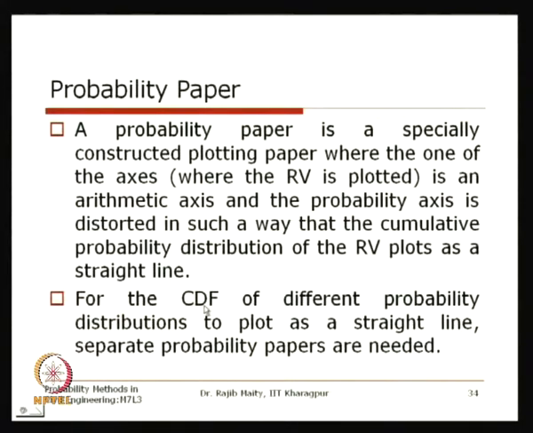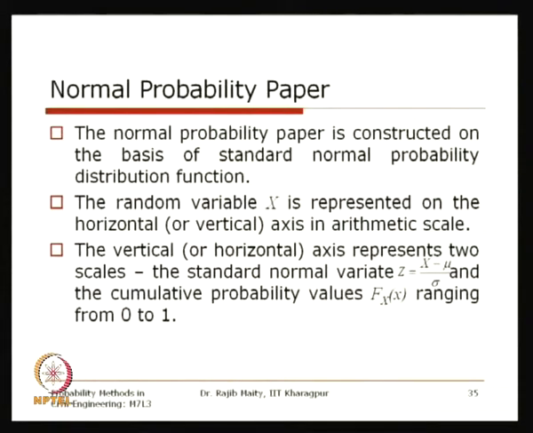So for the CDF, the cumulative distribution function, of different probability distributions to plot as a straight line, separate probability papers are needed. If I want to test whether it is following a normal distribution, I have to use a normal probability paper, and if I want to test whether it is following an exponential distribution, we have to use a different paper. Now how these papers are constructed and how it is tested, we will see now.